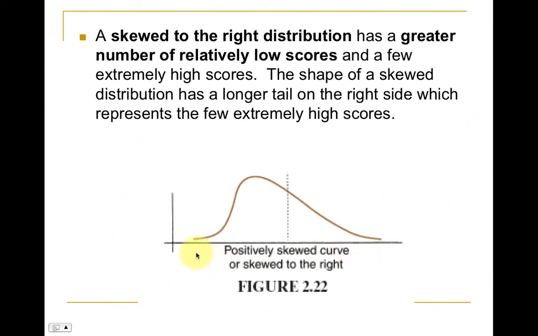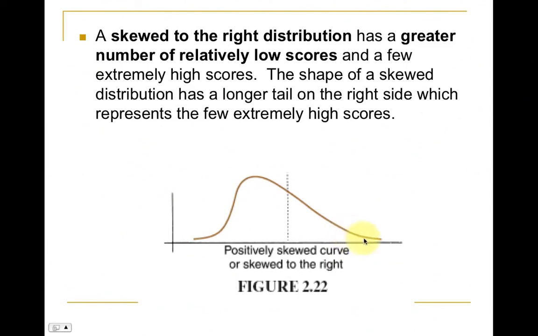So these numbers go in increasing order from left to right. A greater number of low scores means that these low scores have high frequency. That's why there's this peak over here. The few extremely high scores, these high scores have low frequencies.